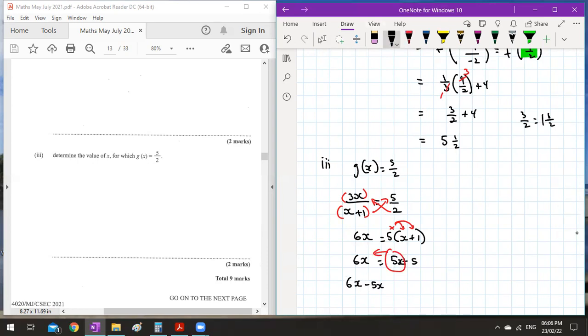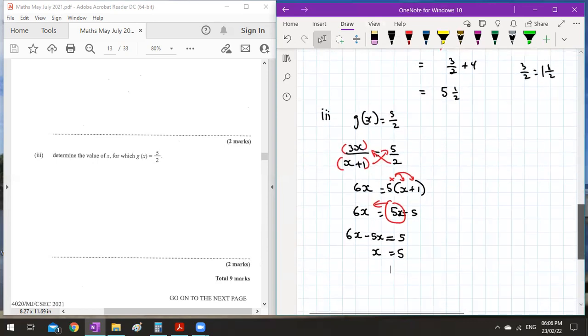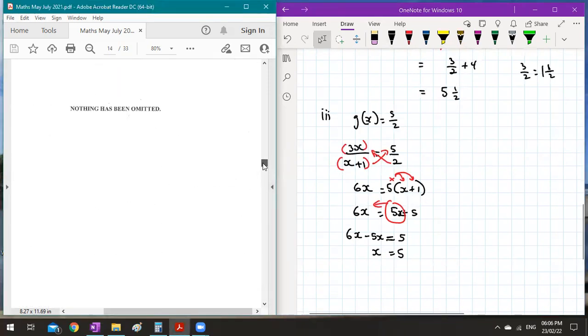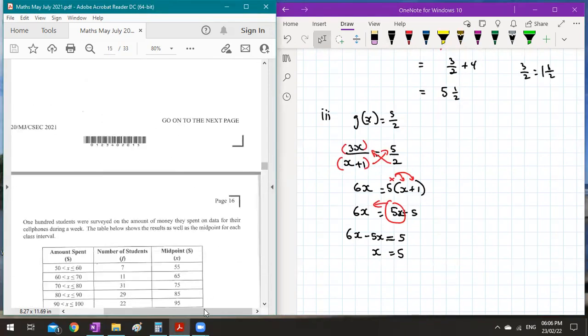Take out 5x equal to 5, so x is equal to 5. So if we were to substitute 5 into the g formula, we should get 5 over 2. Right? And so that's it. Yeah, so that's the end of that question.